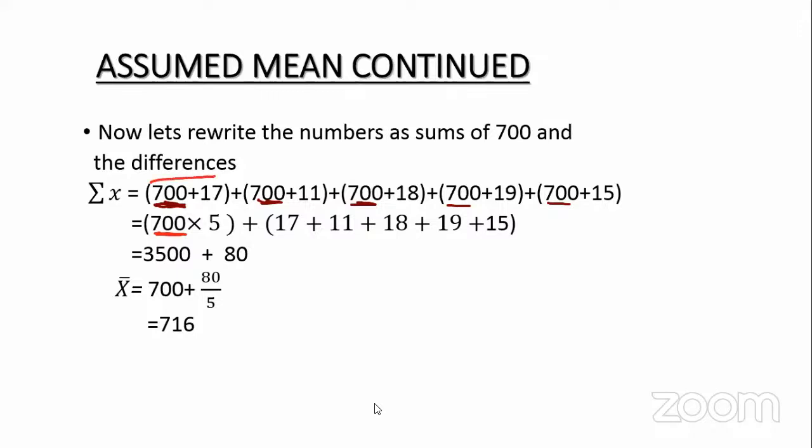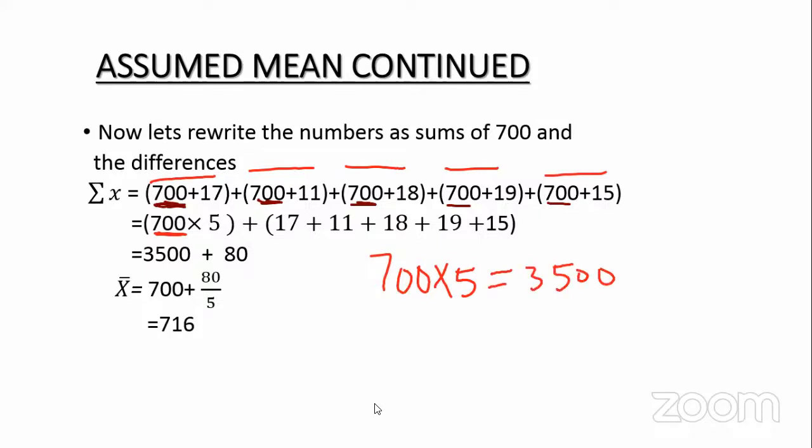There's 700 here, here, there, and there. So if I want to know the total of the 700s, it will be 700 times 5, which gives me 3,500.